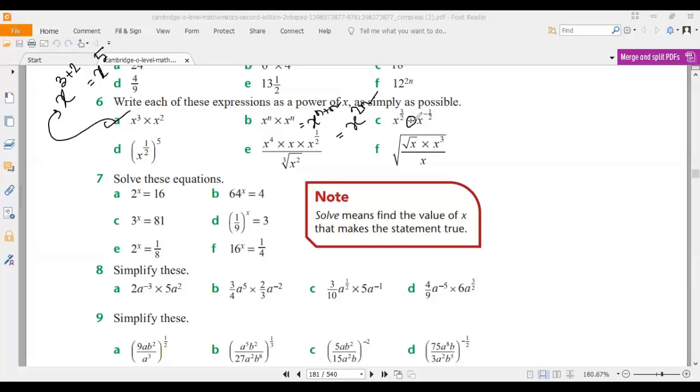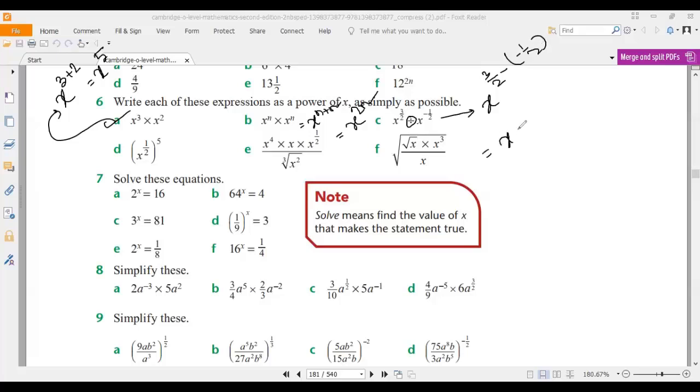Here the division sign is there, so we need to subtract the power. Then what will happen? x to the power 3 by 2. For the division sign, we need to add a minus. Okay. And here the power is minus 1 by 2. So minus 1 by 2 is there.